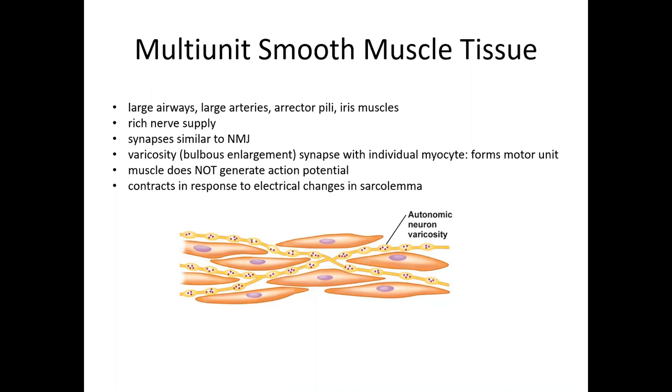Now the muscle in this case actually is not going to generate an action potential. That's different than skeletal muscle. But it's going to contract in response to the electrical changes happening in the sarcolemma. So just like the other type, involuntary autonomic motor, as well as responding to hormonal controls.